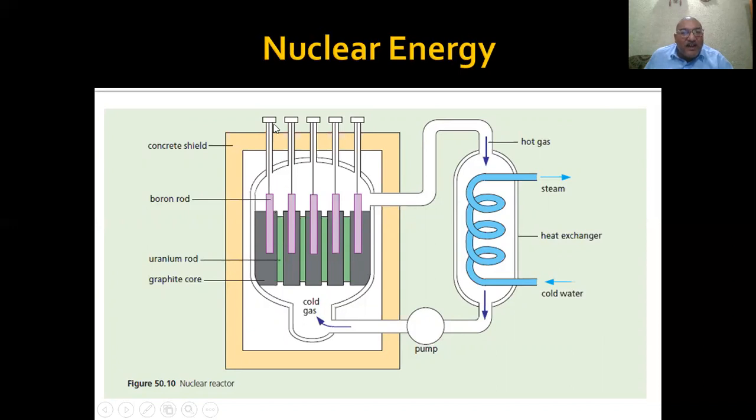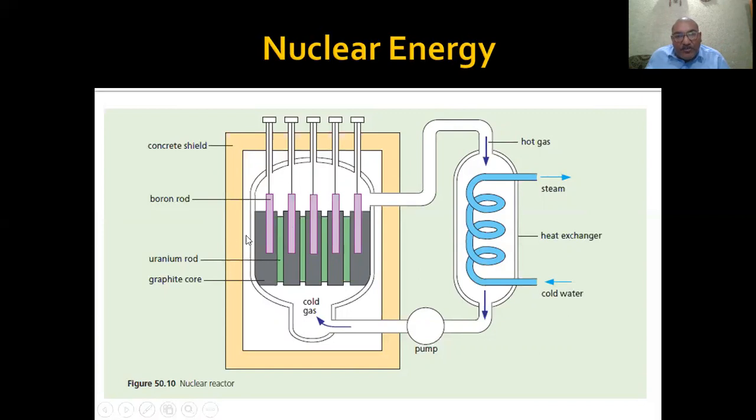And in that graphite we have boron rods, and these boron rods can go in and come out. For example, now you see the boron rods are lifted upward, so the lower portion of these uranium rods is exposed for the fission reaction. But the upper portion, which is between the boron rods, the boron absorbs the neutrons which are produced.